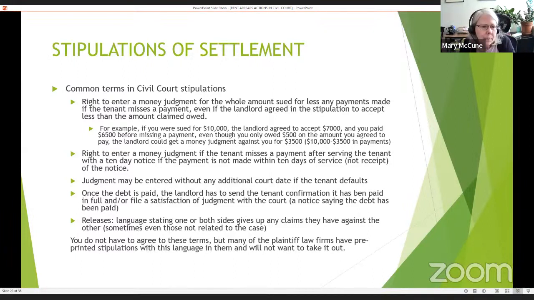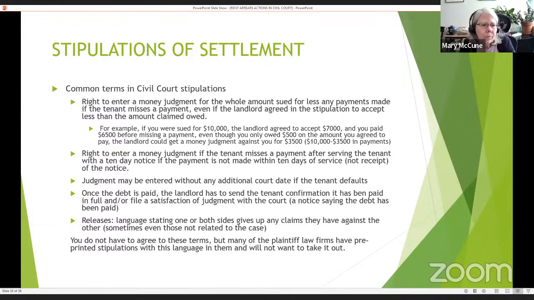There's just language about their right to get a judgment for a set amount of money, and that's the legal document they need to be able to collect money from you through a wage garnishment, getting a marshal to take money out of your check, or by freezing your bank account, that sort of thing.